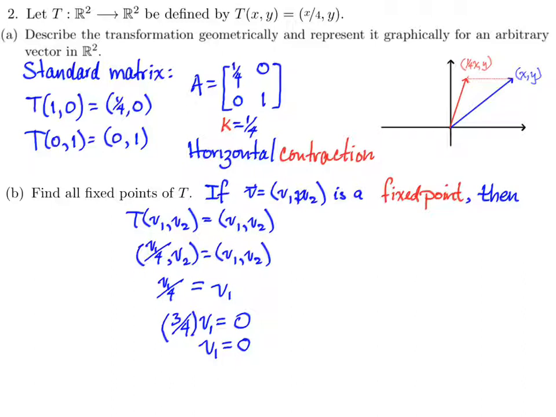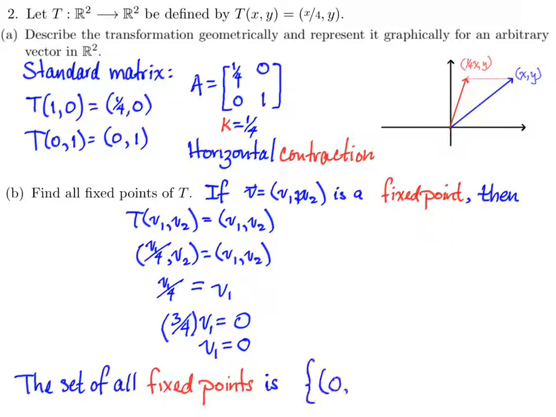So that means they all lie on the vertical axis. So the set of all fixed points, let's describe it. It's the set 0, comma, t, such that t is a real number.